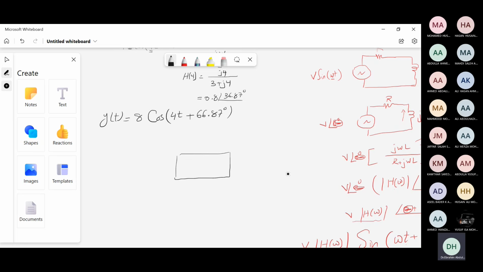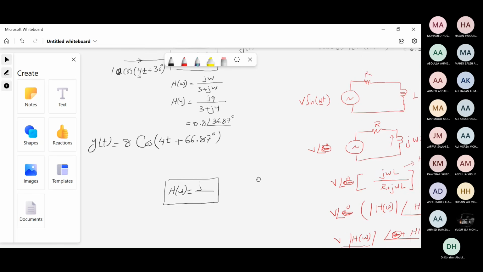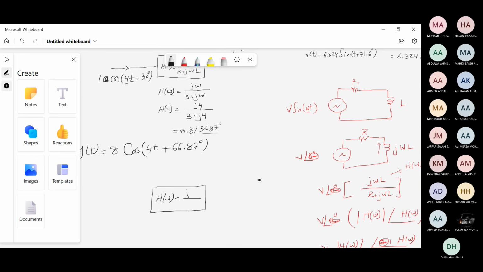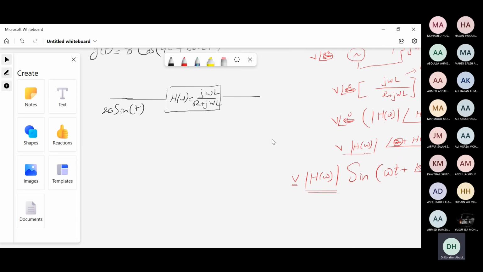but now again h of omega equals j omega L divided by r plus j omega L. And let me say that the input now is 20 sine of t. Same thing, first we need to find h.